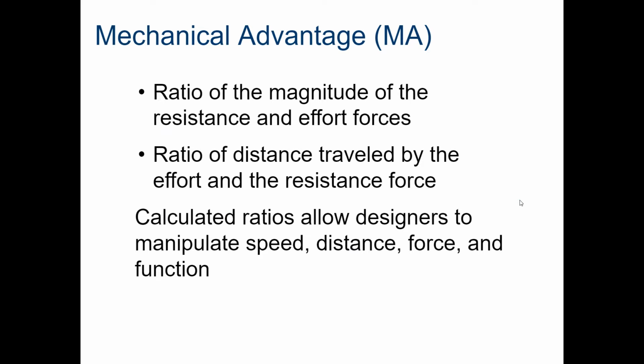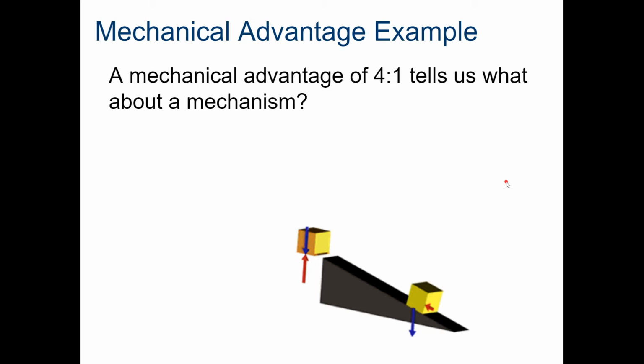Mechanical advantage will also take into account the ratio of distance traveled by the effort and the resistance forces. All right, and so these numbers, when we talk about mechanical advantage, are going to enable engineers, the designers of devices, to manipulate the speed, distance, force, and function of our simple machine.